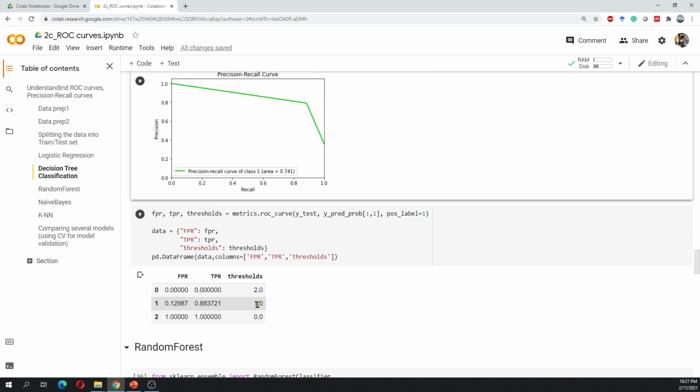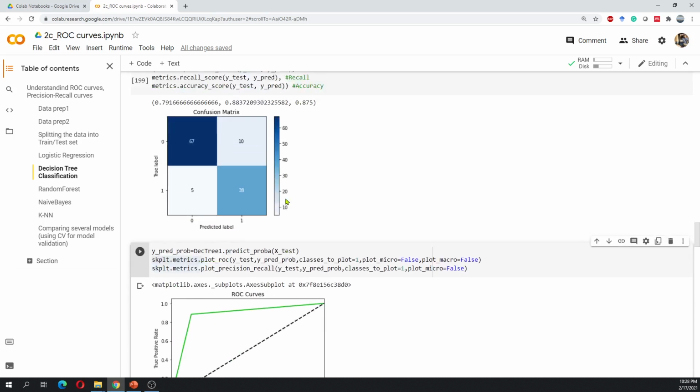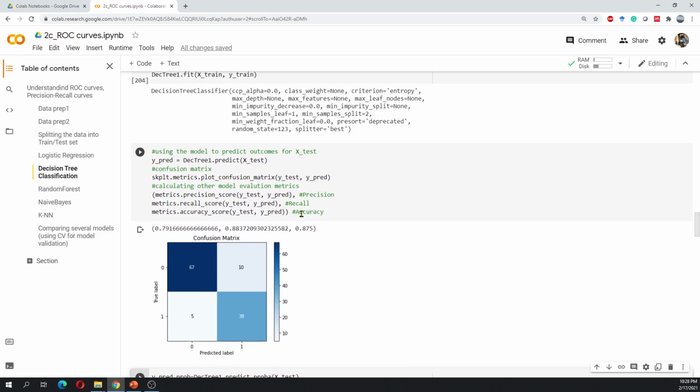And if you compare it with what you had in logistic regression, you see it's different. It doesn't really have many thresholds to work with, unless we would change things manually, and you usually don't do that in decision trees.